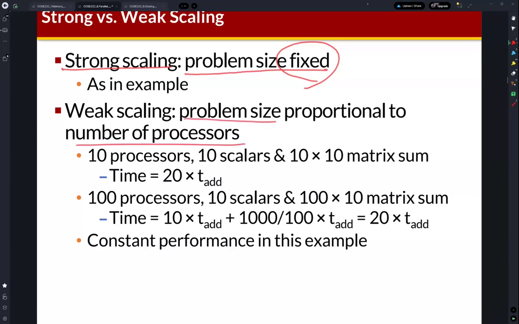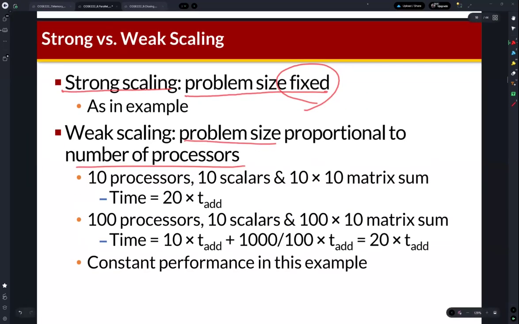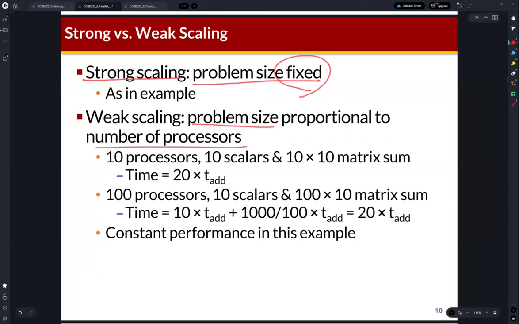right? So actually, if we just assume the strong scaling, then the multi-core processor architecture is not a good solution, right? Because the performance is limited by the sequential part, right?